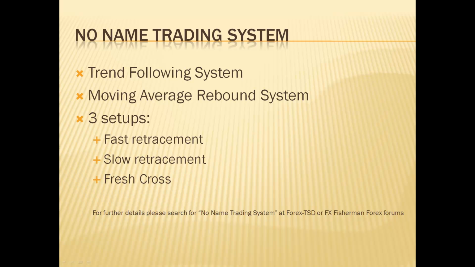This strategy is a simple trend-following system that looks for moving average rebound setups. In particular, we look for 3 setups: fast retracement, slow retracement, and fresh crosses. The strategy uses Price Master Pro, trigger lines, zero lag MACD, and cycle indicator.